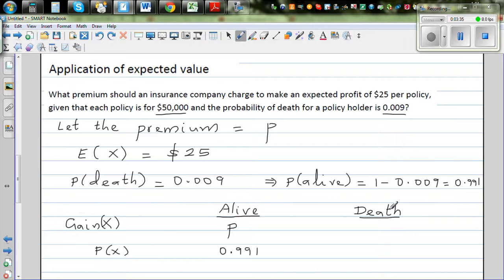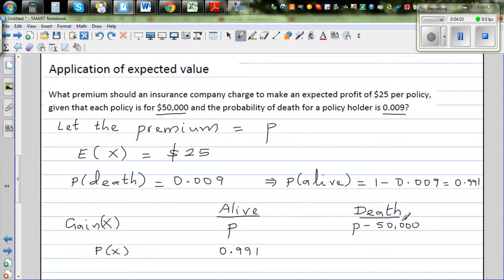The other scenario is that the gain would be P minus 50,000, because if the person dies, the insurance company has to pay this 50,000, so the gain would be negative. P is the premium minus 50,000, because the insurance contract starts after the person pays the premium.